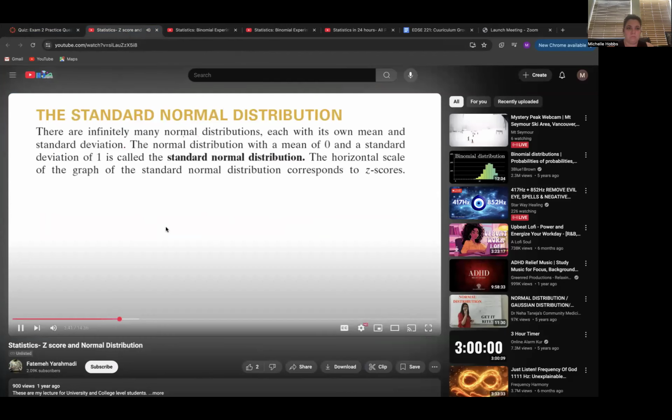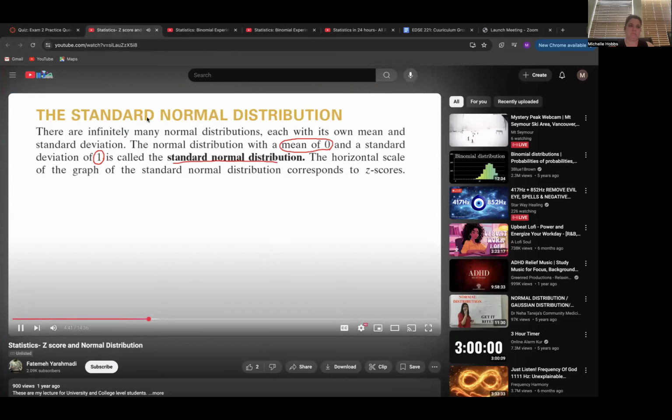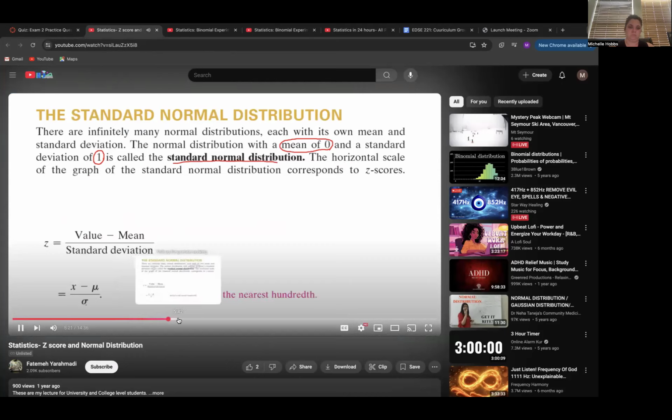There are infinitely many normal distributions, but we are interested in the standard normal distribution. Using z-scores, it happens that the mean becomes 0 and the standard deviation becomes 1.